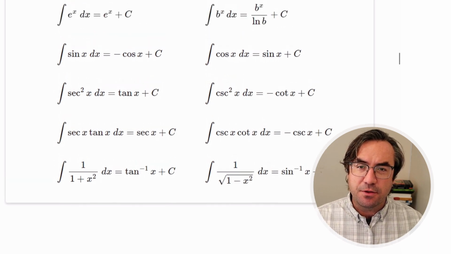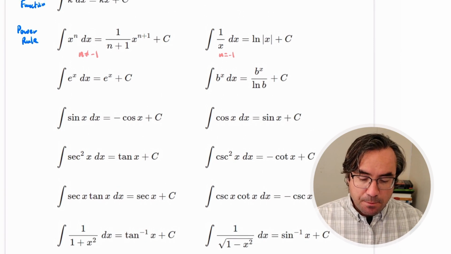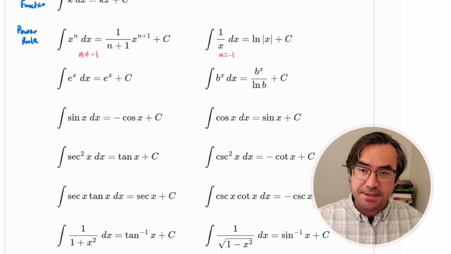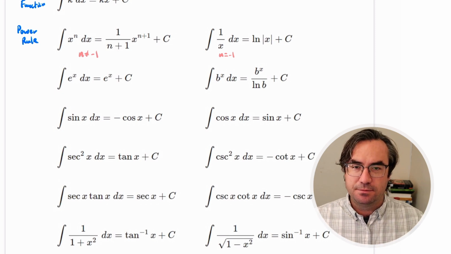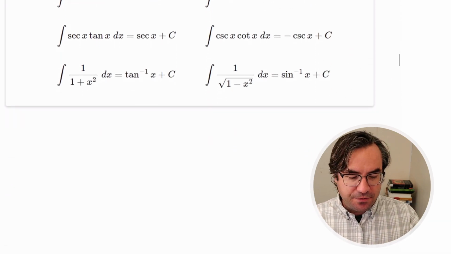Now, it might look like we have all this new stuff to memorize here. But it turns out that we've seen all this before, just in a different context. So let's remember our derivative rules.